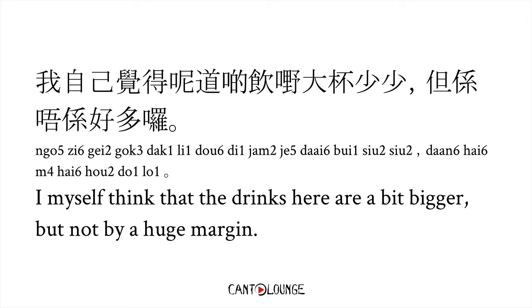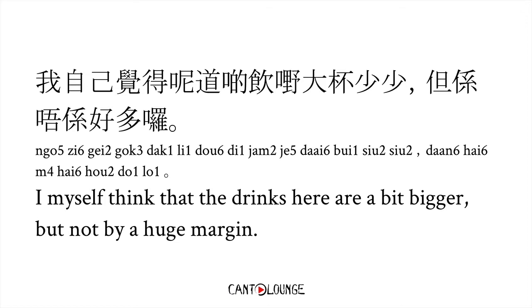So we've got 大杯少少 and 大杯好多. 大杯少少 would be a bit bigger, 大杯好多 would be a lot bigger. So the full sentence translates to, I myself think that the drinks here, might be in a convenience store, in a restaurant, a drinks bar, are a bit bigger, but not by that much, right? But not a huge lot.